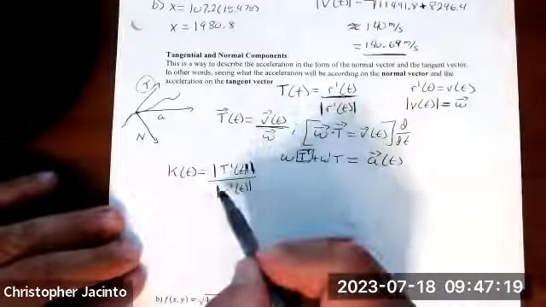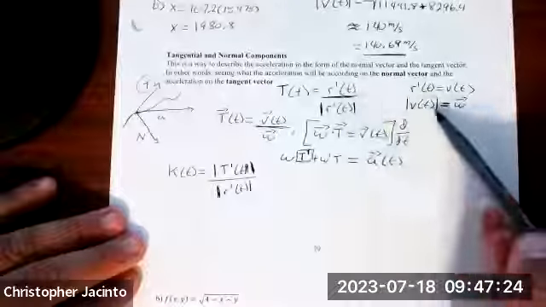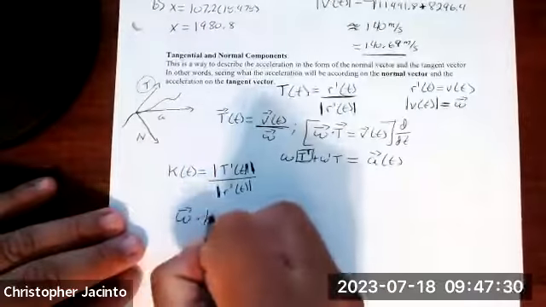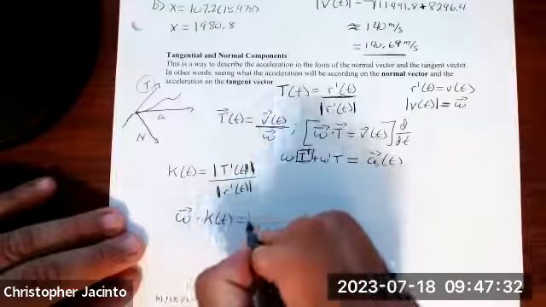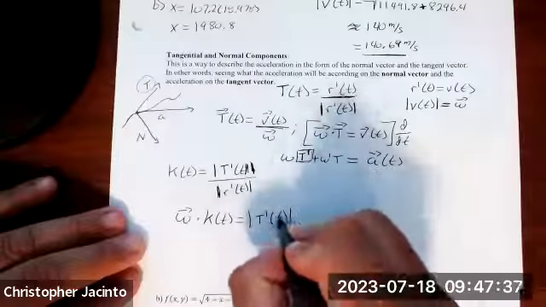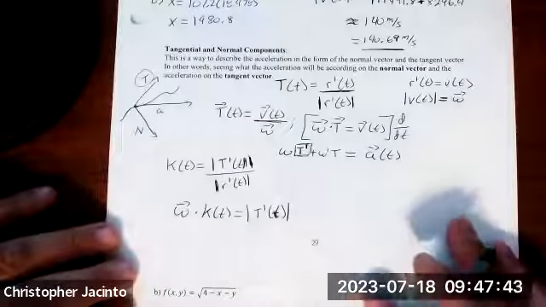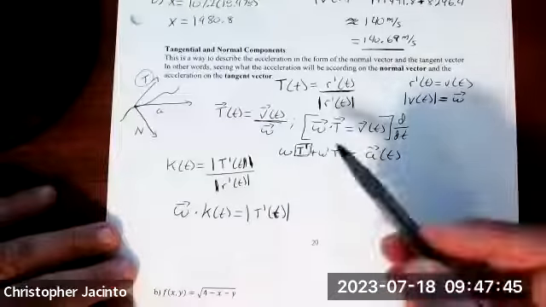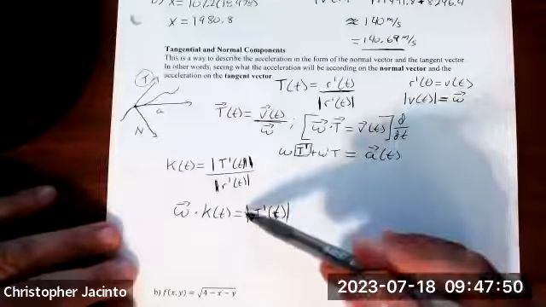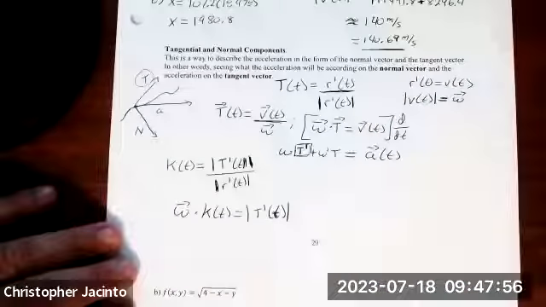And if we just solve for this, we bring this over, and knowing that this is just w of t, we'll have w times the curvature equals the length of T prime. Okay, almost there, right? Our goal is to get this, but we have that. So how do we get rid of this horribleness here? That's the question.